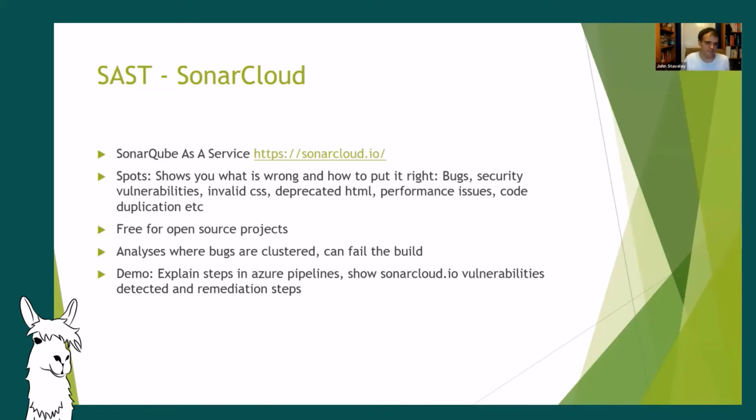It can analyze where bugs are clustered. So if Bilbo, the new developer, is not very good, you can do analysis based on whether the bugs are related to their check-ins or whether they occur on a Friday afternoon. Yeah, you can cut the data however you want. You can fail the build if you encounter certain vulnerabilities.